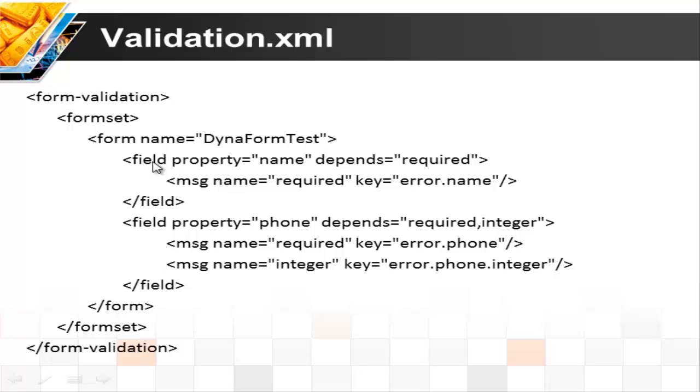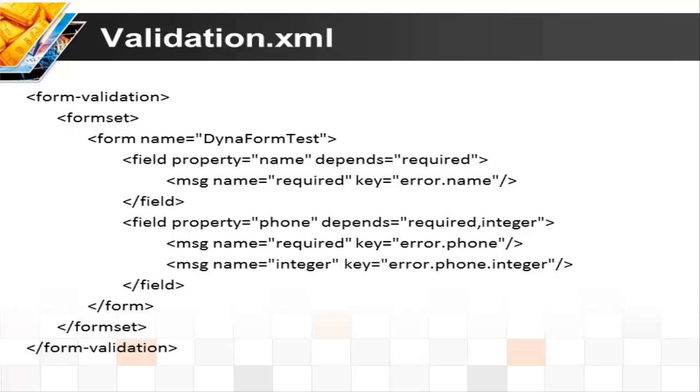Within the form, you specify which is the property that you want to use, and whether it is dependent on something else. Then specify what is the message that you want to use. In the bean messages, if you want to give an error message, in the bean colon message, the one that we are already familiar with, and if you want to use the key, you can specify that here.